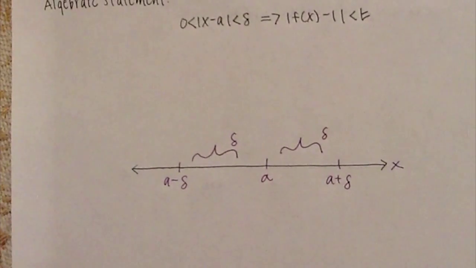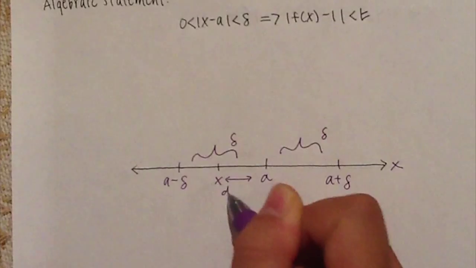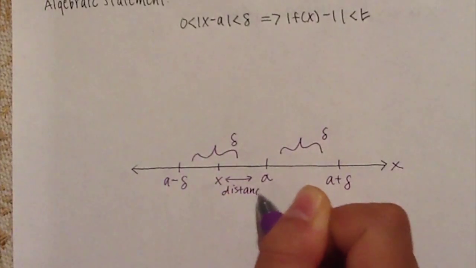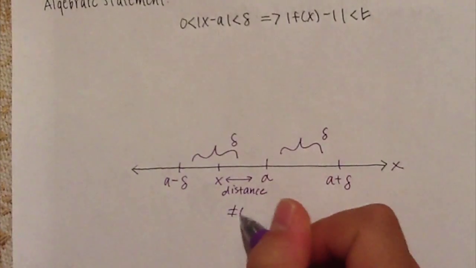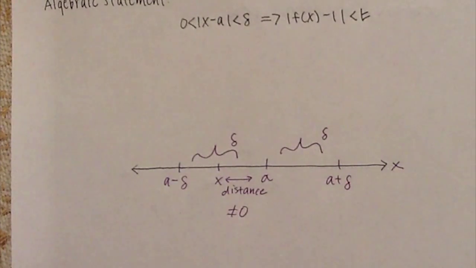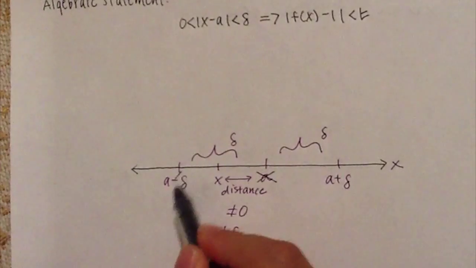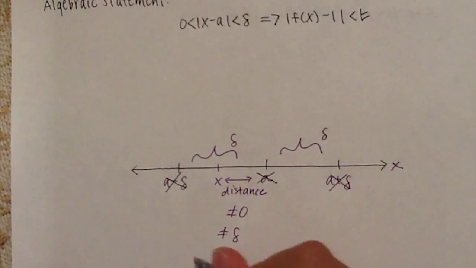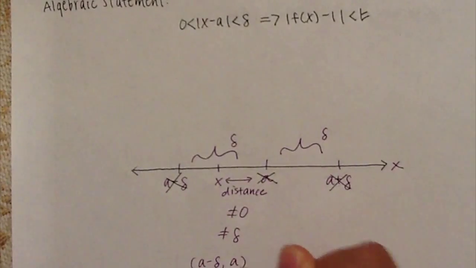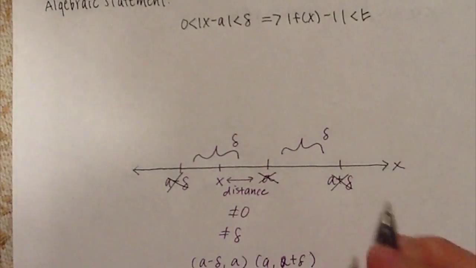So what the expression is saying is that I can choose an x value where the distance from a is not 0, so the value of x can't be a itself, but the distance between x and a cannot be delta either. So the value of x cannot be a plus delta, nor can it be a minus delta. But the value of x can be anywhere between a minus delta and a plus delta.